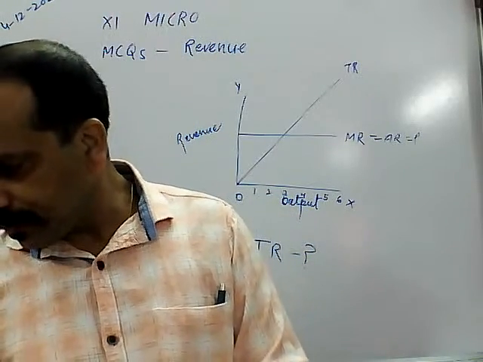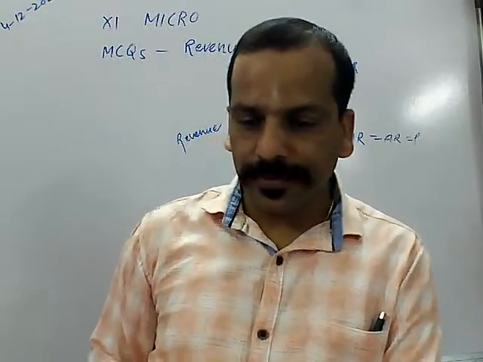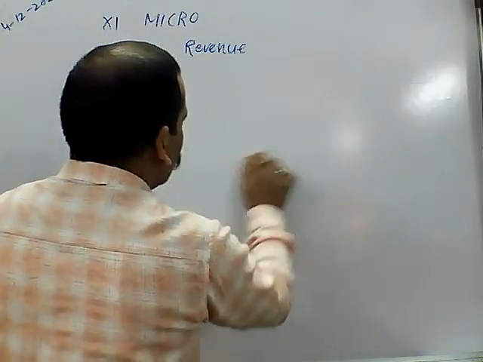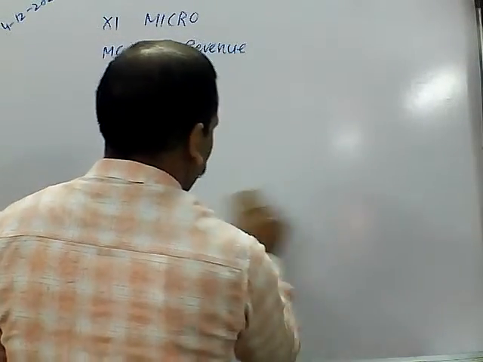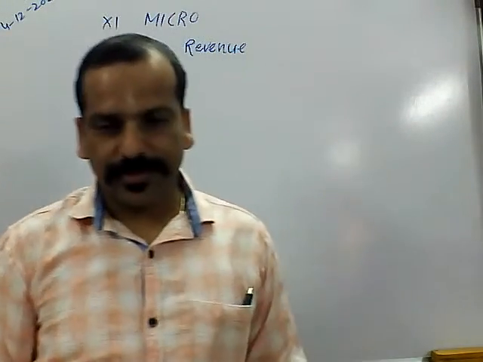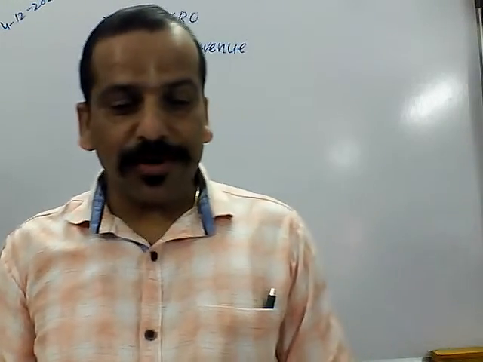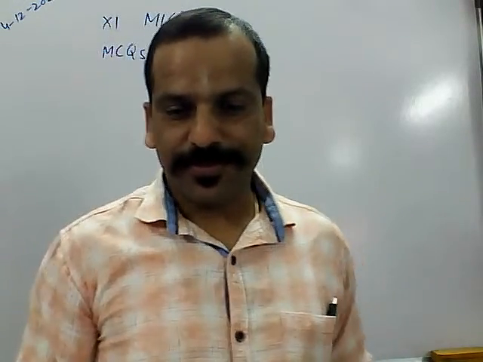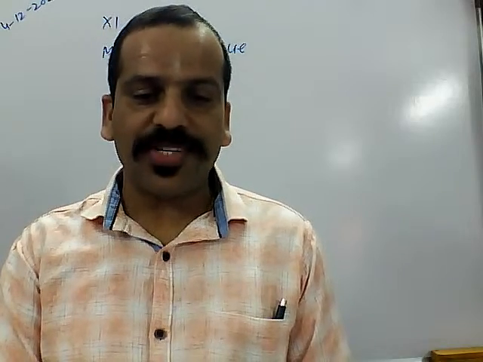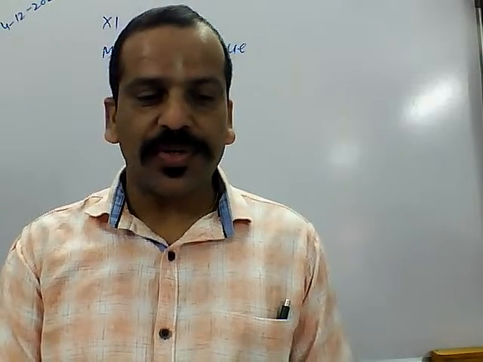Question number 6. Identify the correct marginal revenue curve from the following options when prices remain the same and output rises.